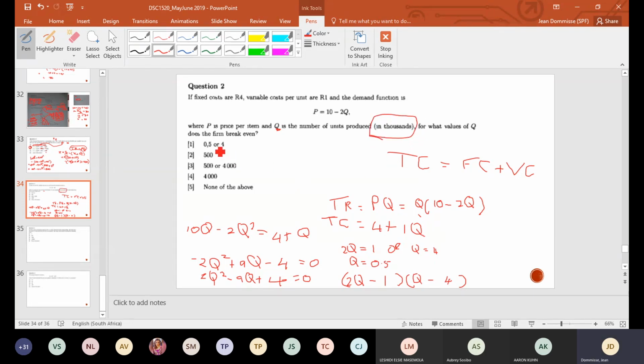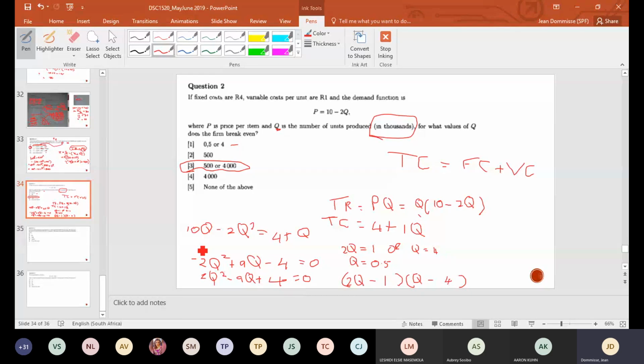In thousands, so if you didn't do the in thousands, you would have said 1, but it's actually then option 3. Okay, so again, nearly like when we had that chat on WhatsApp this afternoon, or was it yesterday? If you didn't do it in millions, there would have been an answer for you as well.